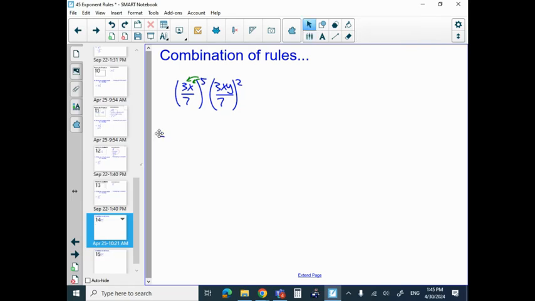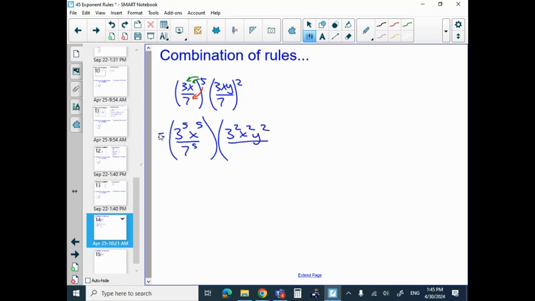And then separately, but you don't have to do it separately, you can just do it all at once, we have the power of the quotient part of it as well. So basically combining 2 rows into one there. So we'd have a 3 to the power of 5 and an x to the power of 5 and a 7 to the power of 5. And that thing's multiplying on to, very similarly, a 3 to the power of 2, x to the power of 2, y to the power of 2, 7 to the power of 2.